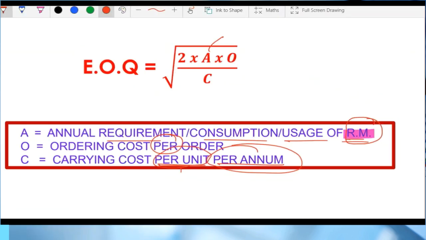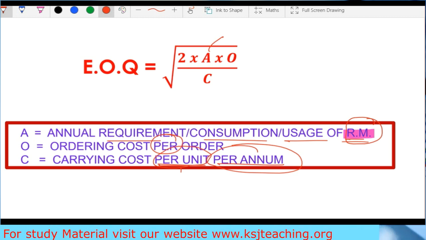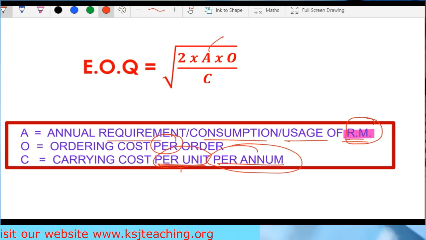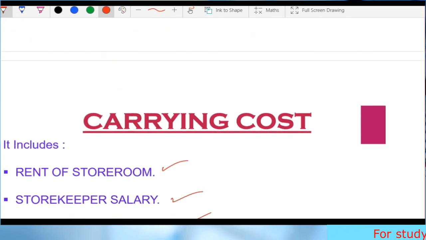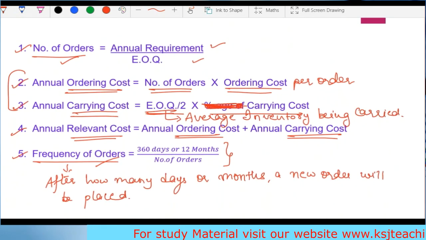That is why I'm summarizing in this lecture. These are the small things that you need to focus on: per unit per annum, not quarter, not month. If you are given the quarter or month, you have to convert it into per annum. Ordering cost is given per order. Then the number of orders, annual ordering cost, and annual carrying cost.